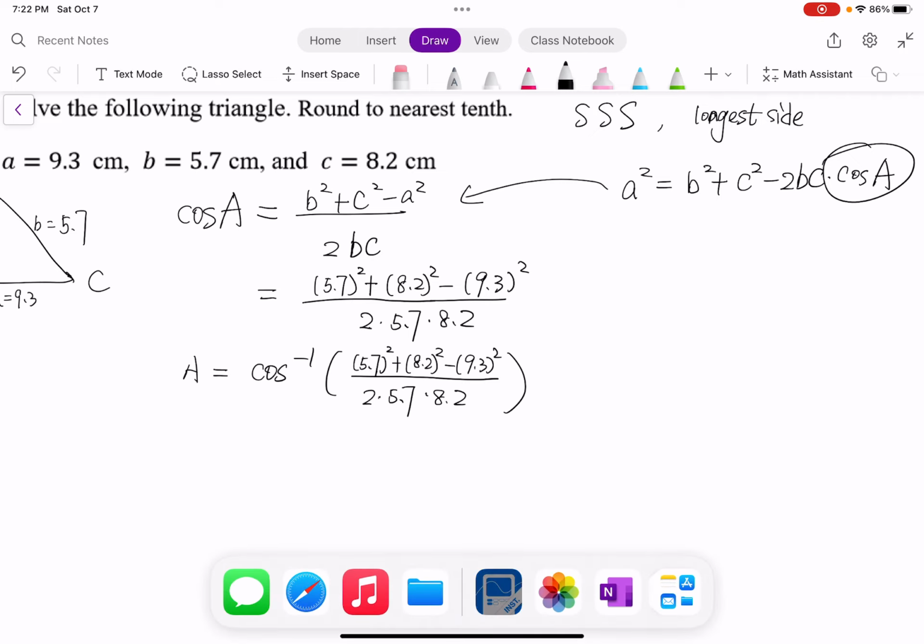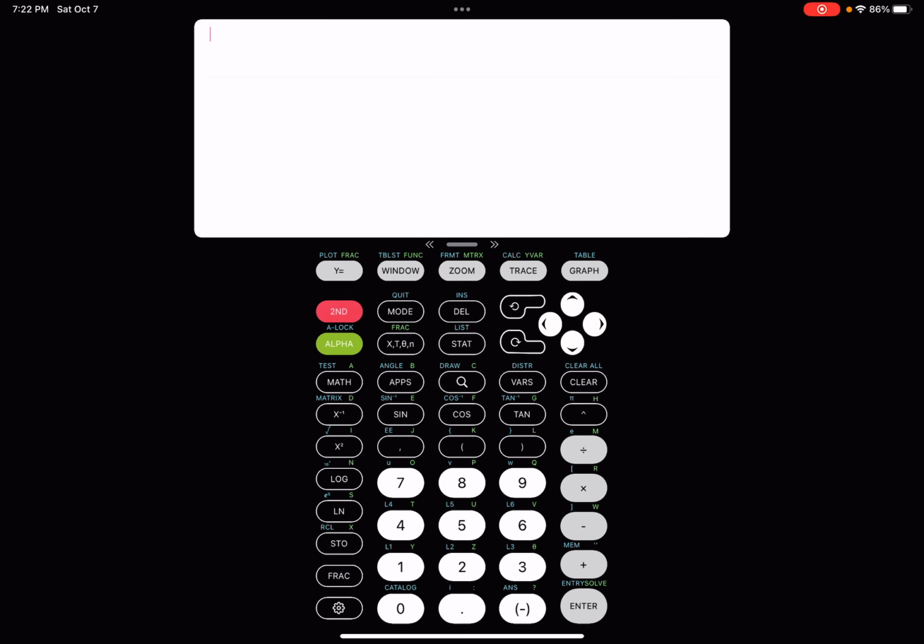So let's see the calculator. We are looking for the inverse of cosine. Click second, cosine, and then put the data in it. Inside we have a fraction. On the top, use the parentheses to box the top. We have 5.7 squared and then plus 8.2 squared, and then minus 9.3 squared.